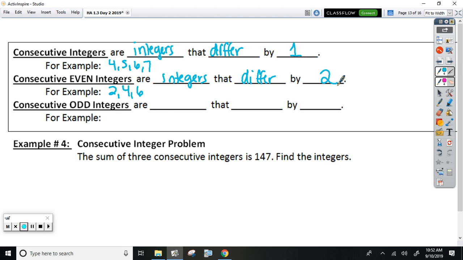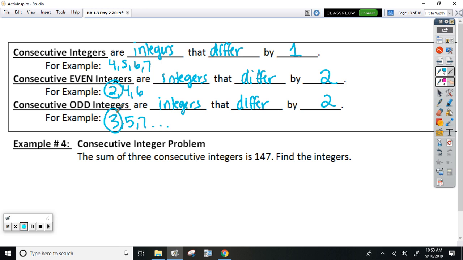Odd integers, like 3, 5, 7, those are also integers. How much do they differ by? 2 also. So the only difference between an odd and an even number is the starting term. If it starts out even, add 2, you get another even. If it starts out odd, add 2, you get another odd.